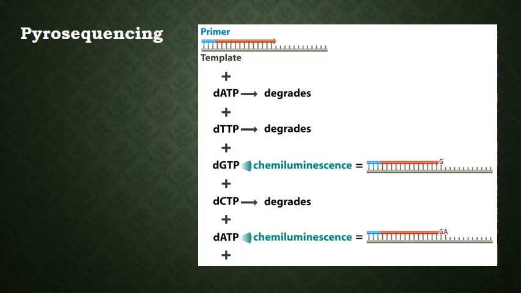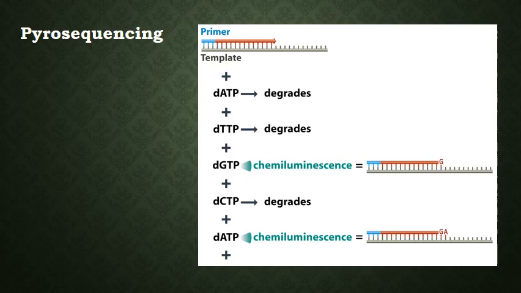The addition of a deoxynucleotide to the end of the growing strand is detectable because it is accompanied by the release of a molecule of pyrophosphate, which can be converted by the enzyme sulfurylase into a flash of chemiluminescence.